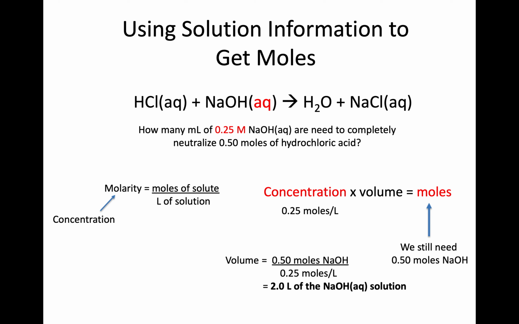The new skill that we want to add is this idea of using the concentration and volume to get to number of moles. Solution information includes concentration and volume, and our reaction is still in terms of moles. This is the key for solution stoichiometry. It's how concentration fits in.